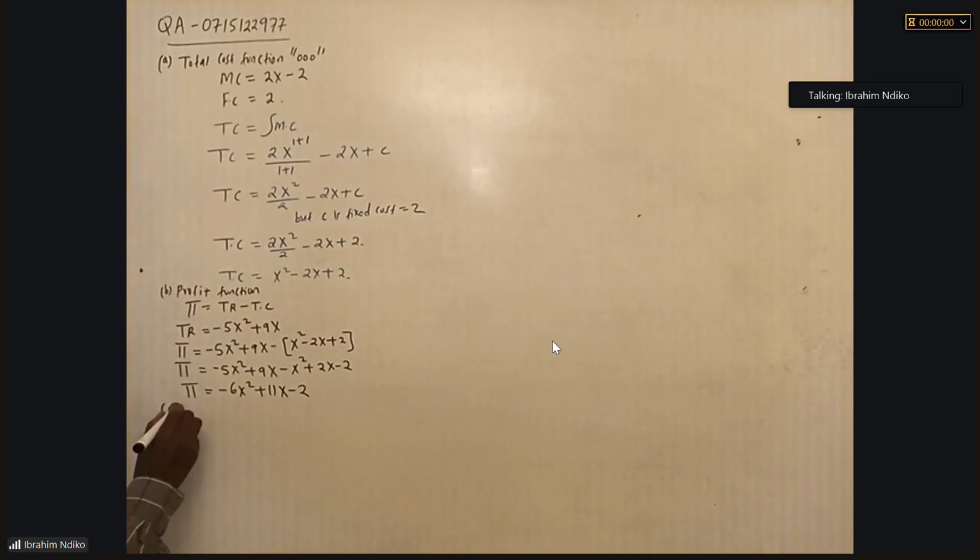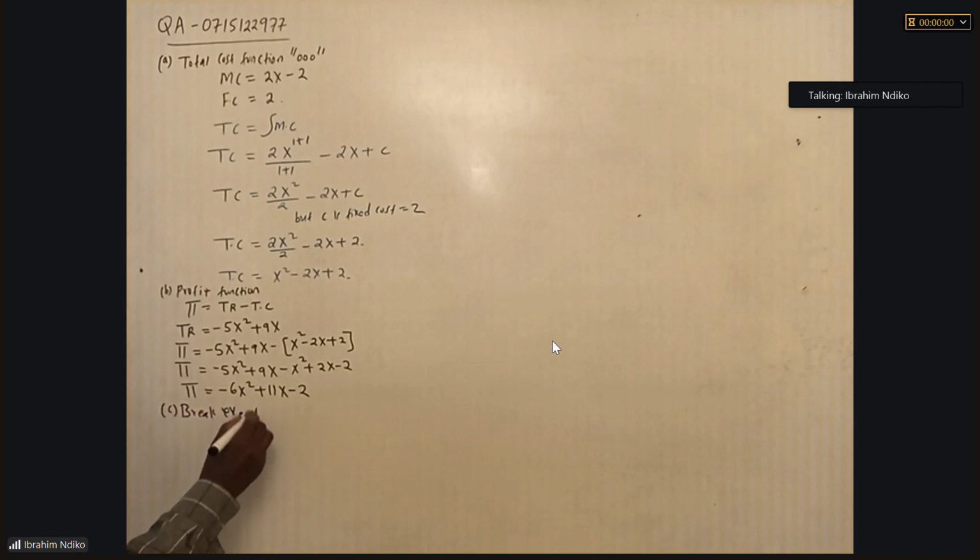Number C, break-even point. We're supposed to come up with a break-even point. Now, break-even point is a point where total revenue and total cost are the same.